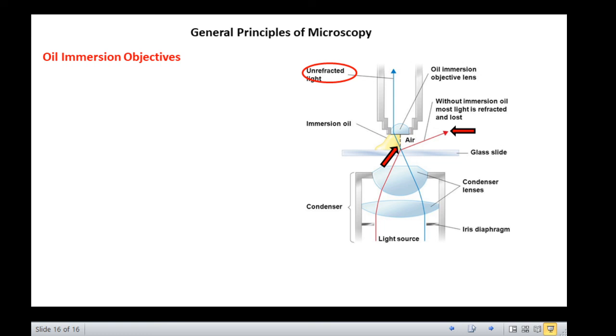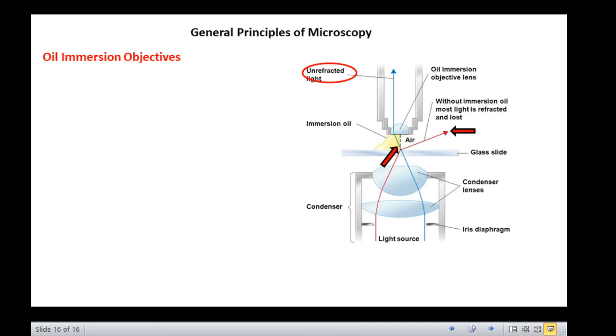See the blue ray here. It has a homogeneous path as it is passing through the glass slide and the droplet of the immersion oil. And as a result of that, it is collected by the objective lens.